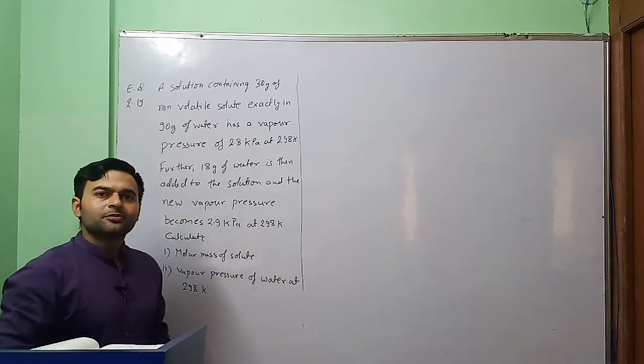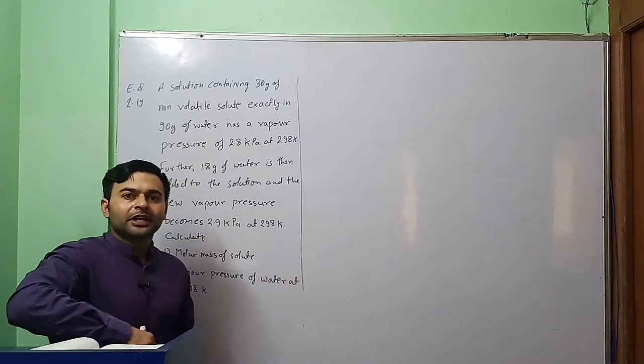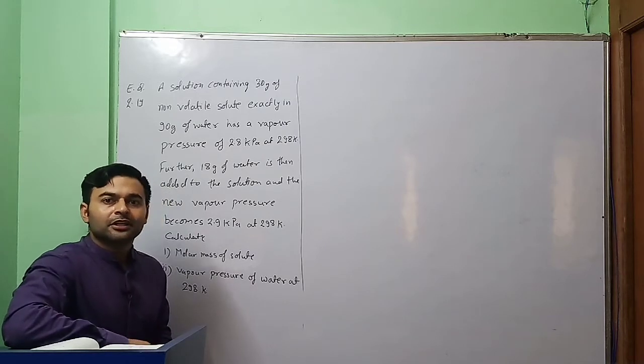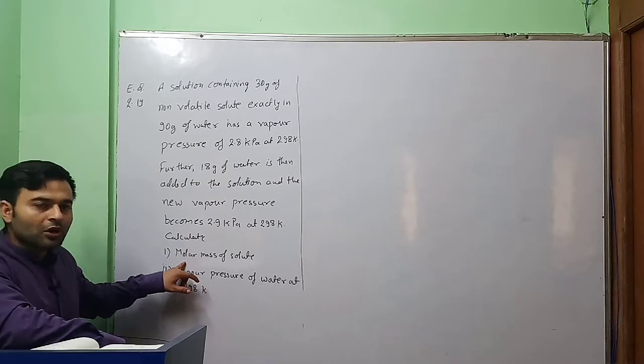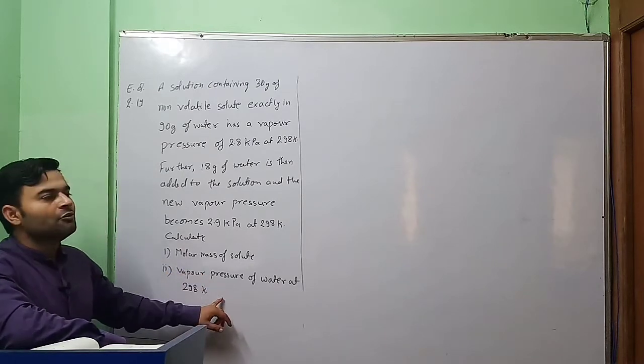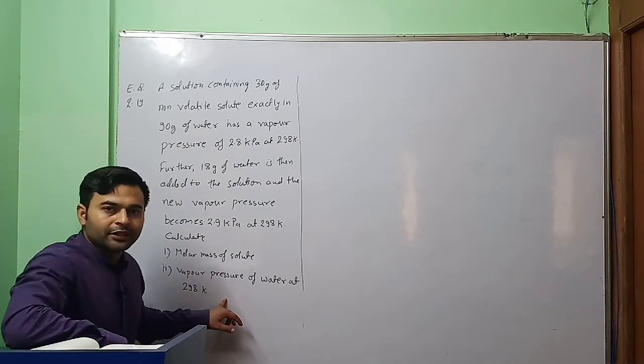So this question is based on relative lowering of vapor pressure and we are using that relation, and here there are two unknowns, that is molar mass of solute and vapor pressure of solvent.